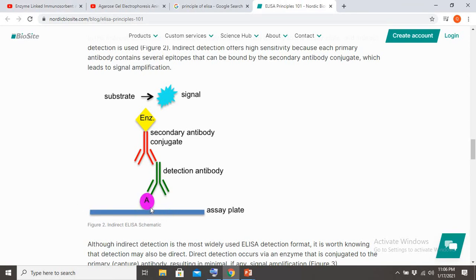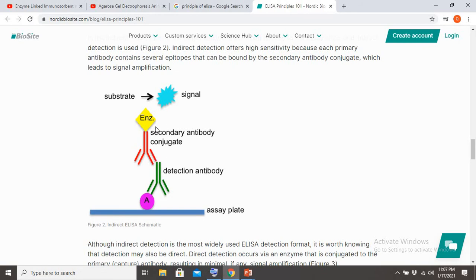So we will add the blood that contains protein A in this plate, and after that we will add an antibody. What does the antibody do? The antibody will go into the plate and bind only with the protein that is present in the blood, our required protein, for which we have to find out the concentration.